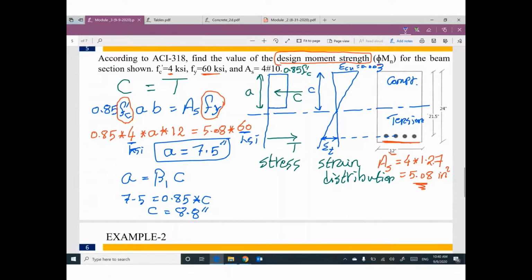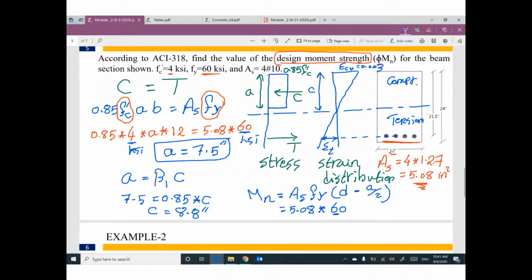The nominal moment equals area of steel times fy times d minus a divided by 2. Put in your numbers. Area of steel equals 5.08. fy, and be careful, fy is 60. It's okay, 60 is good, but it's kips per square inch. Remember, it's in kips.